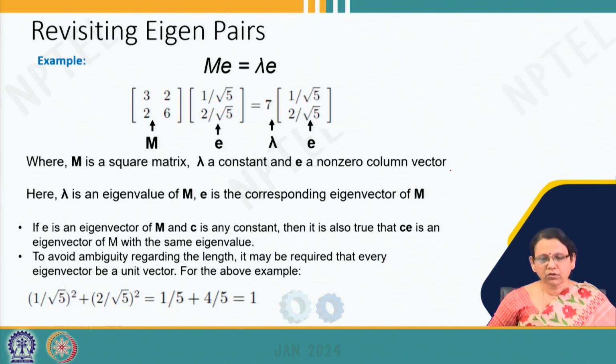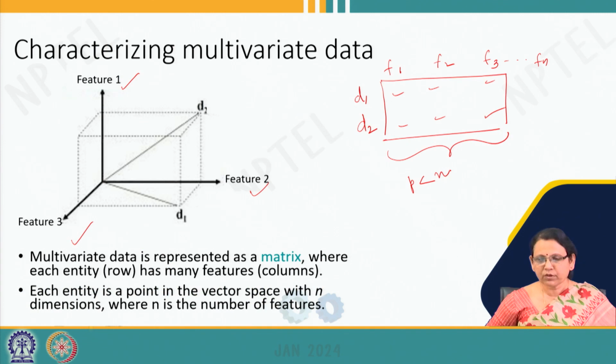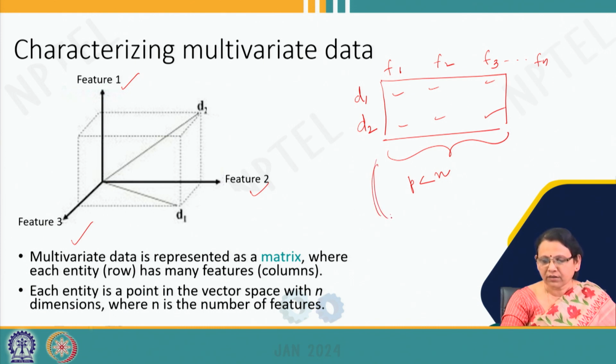Before we talk about how it is to be achieved, let us look at the data that we just discussed, and how to characterize it. If you remember, while talking about characterizing the data, we understood that these n features we can represent in the form of a covariance matrix.